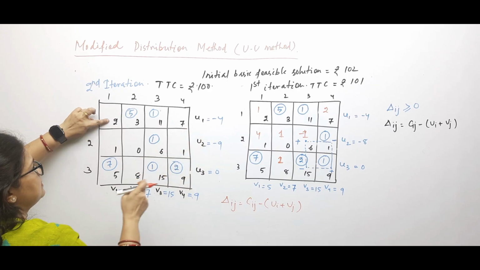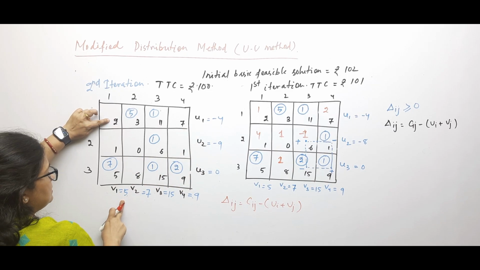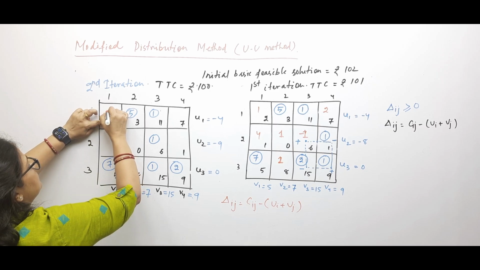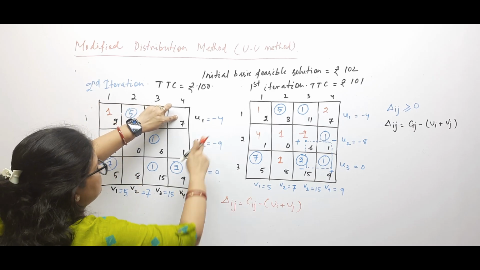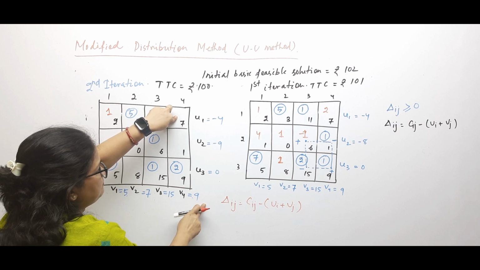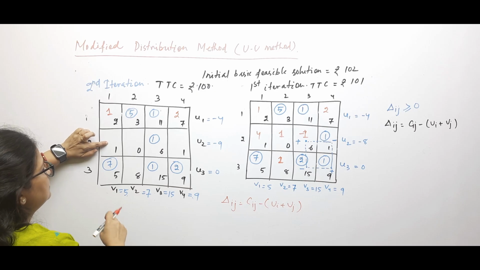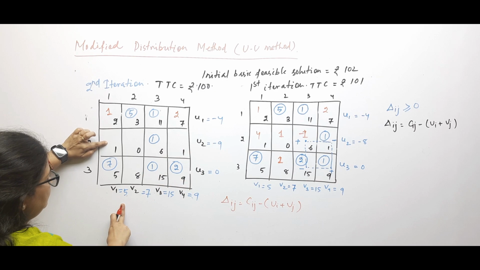Now for this, minus 4 plus 5, that is 1. 2 minus 1 is 1. For this, minus 4 plus 9 is 5. 7 minus 5 is 2. For this, minus 9 plus 5 is minus 4.